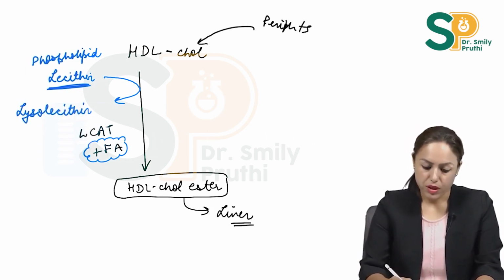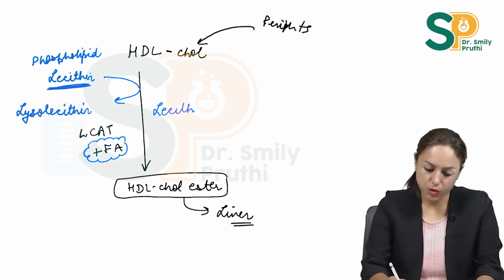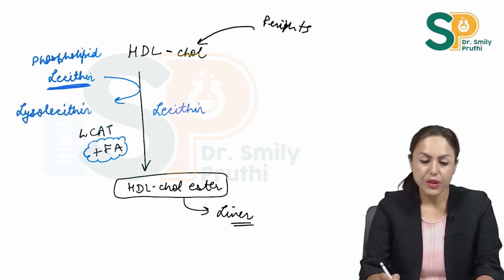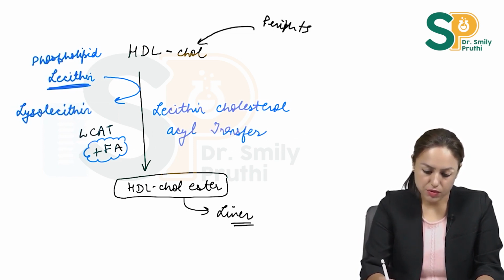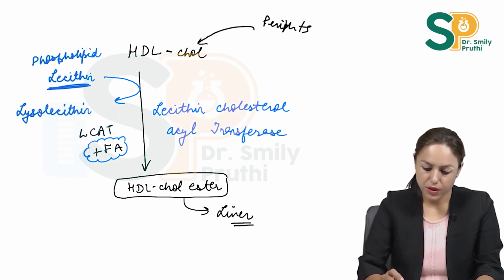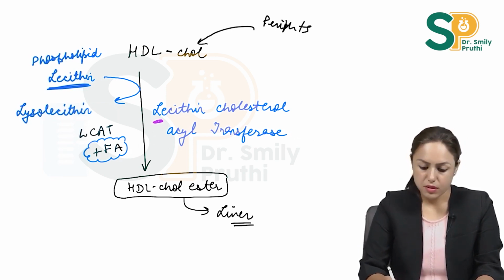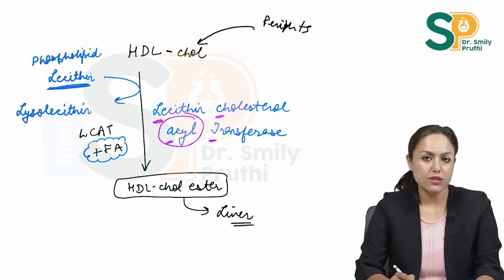Okay. So, now see the full form of this enzyme. Full form of this enzyme LCAT is lecithin cholesterol acyl transferase. Okay. L for lecithin, C for cholesterol, A for acyl, T for transferase. Acyl means fatty acid.